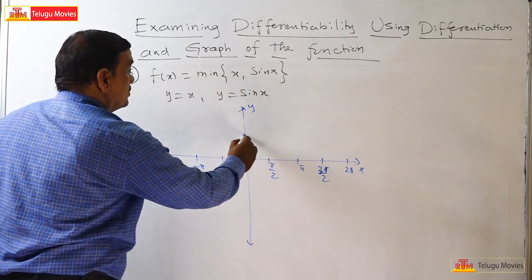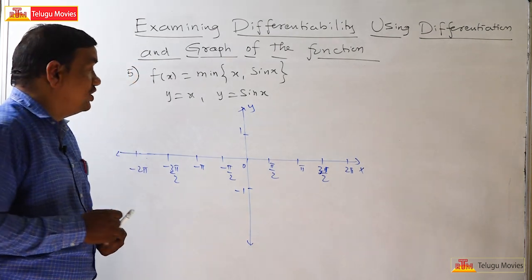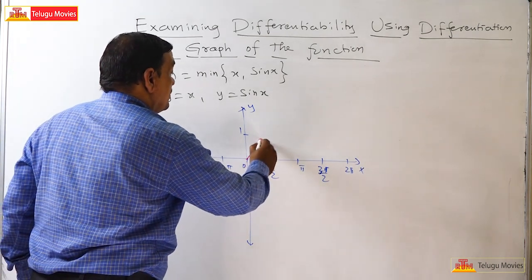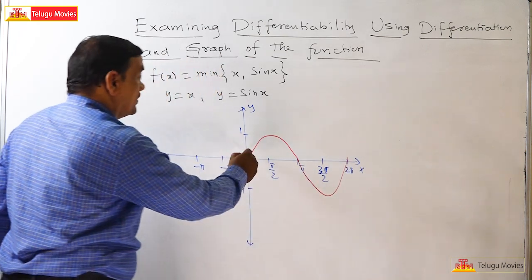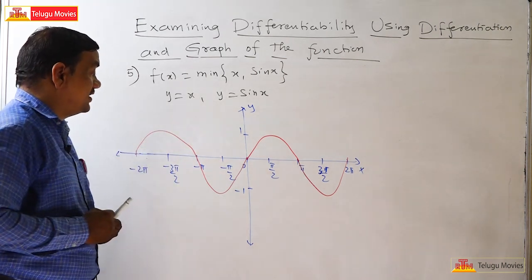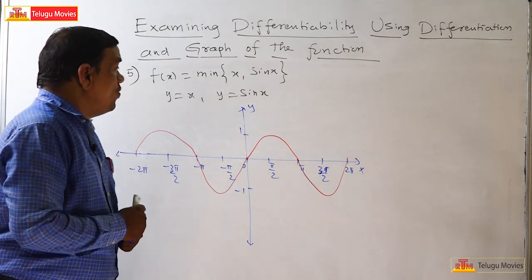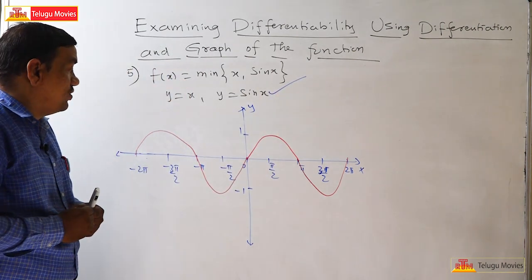Now this is plus 1 and this is minus 1. Sin 0 is 0, sin pi by 2 is 1, sin pi is 0, again this and again this. And this is the graph, everybody knows that graph. Now the graph of y is equal to sin x is over.